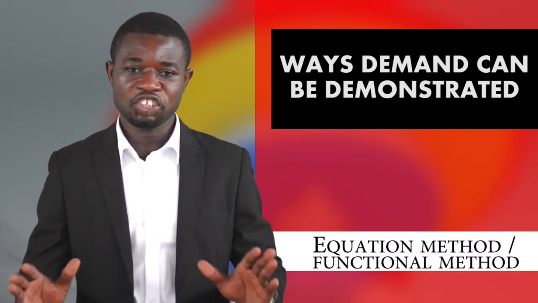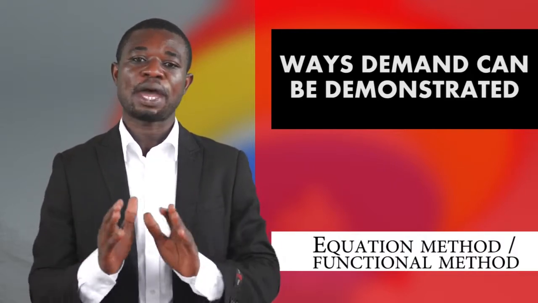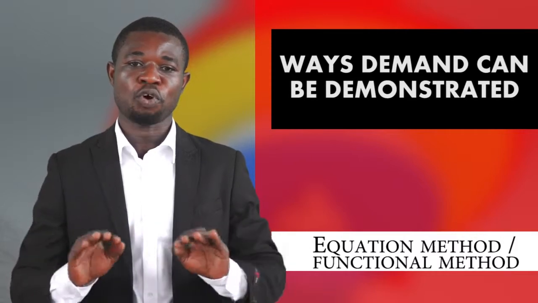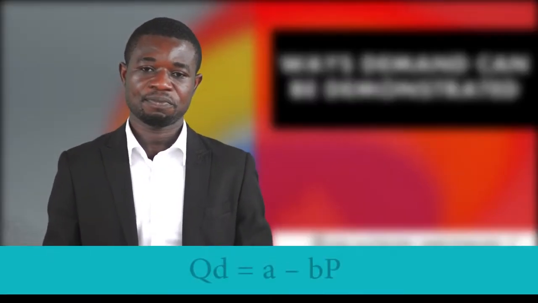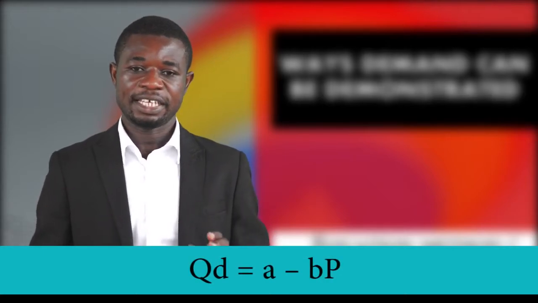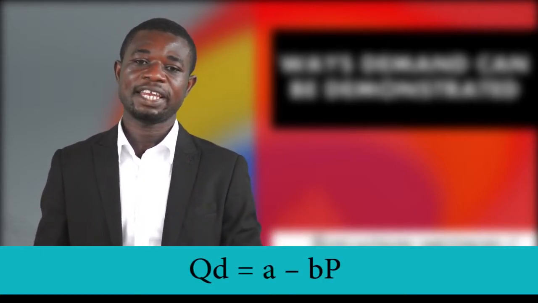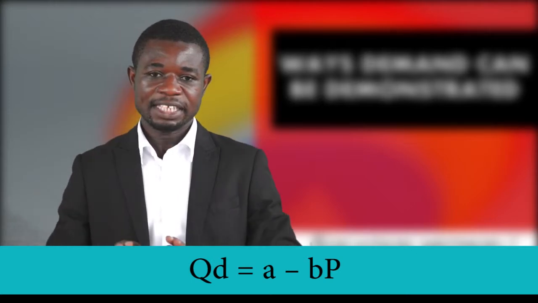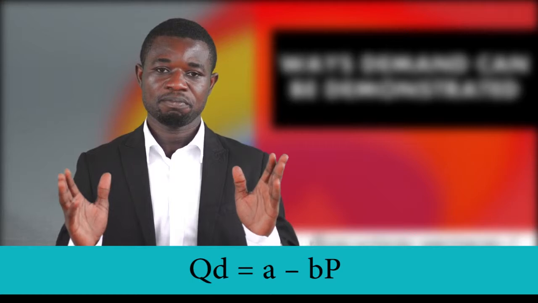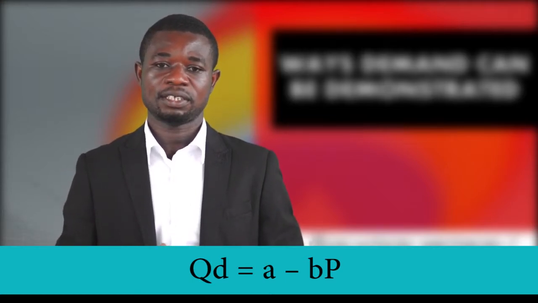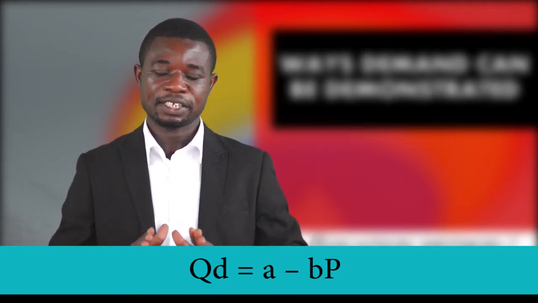That is the traditional way that we used to form a demand function or demand equation. It is this: QD is equal to A minus BP. That is the traditional formula for the demand equation or the demand function.